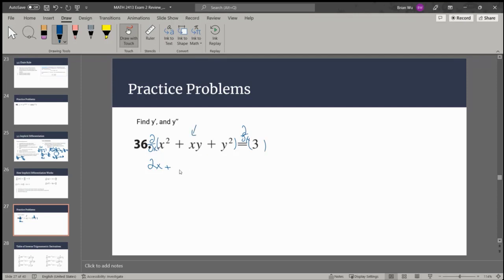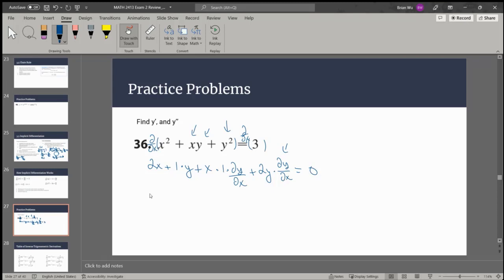The derivative of the first one is 1 times the original second, plus the original first one, x, times the derivative of y. And we know that the derivative of y is 1, but it's times dy over dx. And then plus the derivative of y squared, which becomes 2y. And any y expression will include a dy over dx. And it's equal to 0 on the right side.